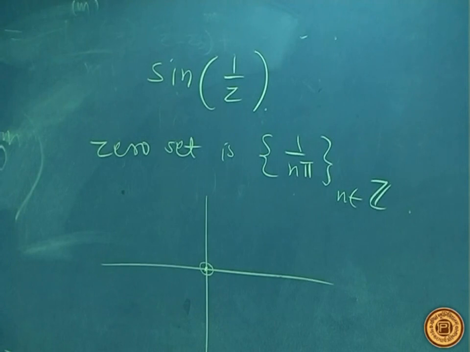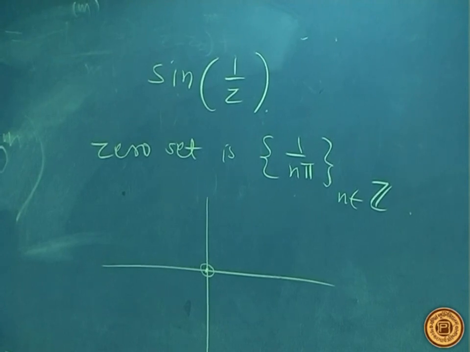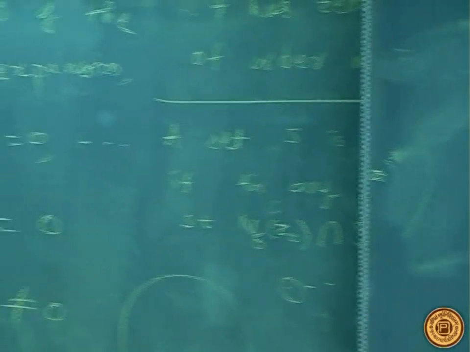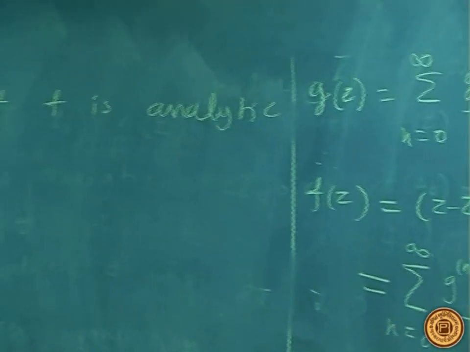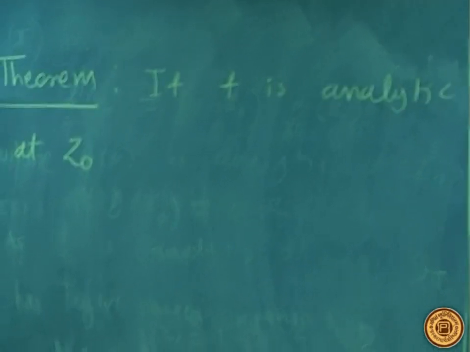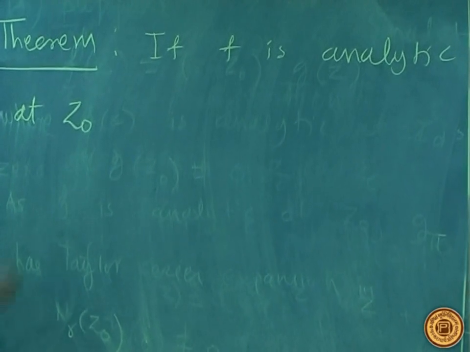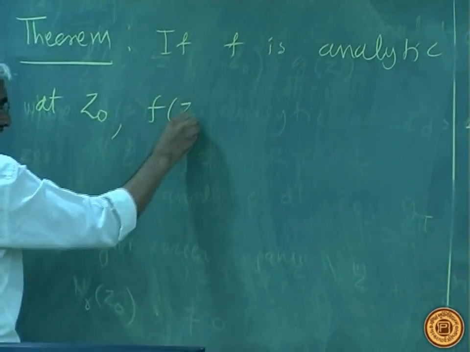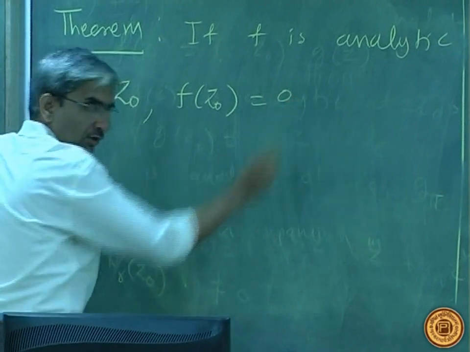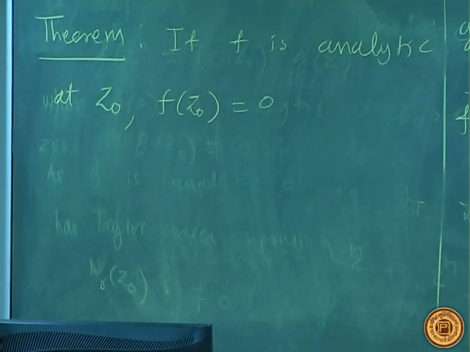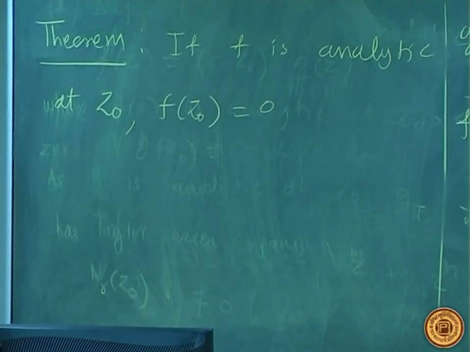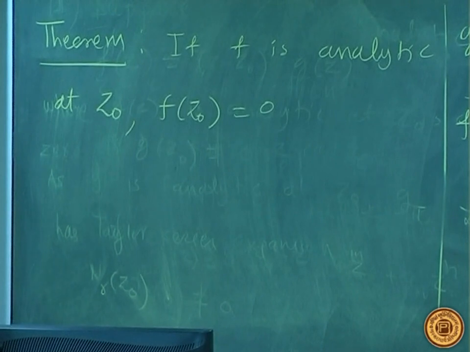If f is analytic at z0, and z0 is a zero of f, and f is not identically 0 in any neighborhood of z0.